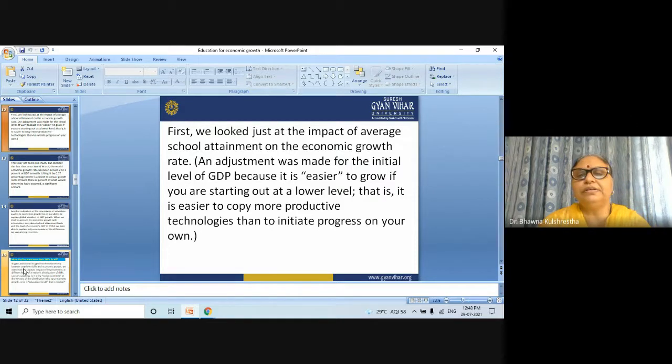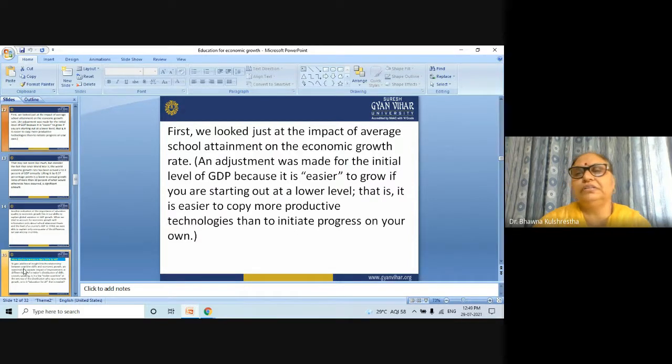An adjustment was made for the initial level of GDP because it is easier to grow if you are starting out at a lower level. That is, it is easier to copy more productive technologies than to initiate progress on your own.